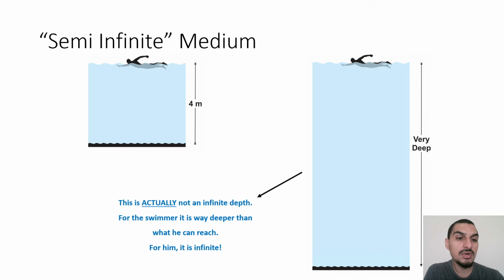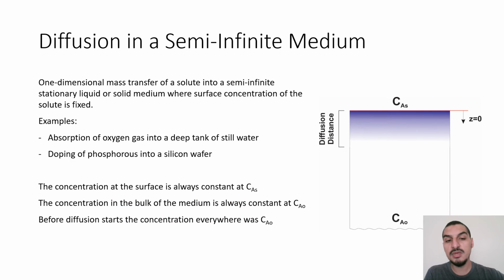So this is, for him, considered a semi-infinite depth. It's not infinite, but regarding the process taking place here, which is this person swimming, it is a semi-infinite depth. This is what we mean by semi-infinite medium in unsteady state molecular diffusion.